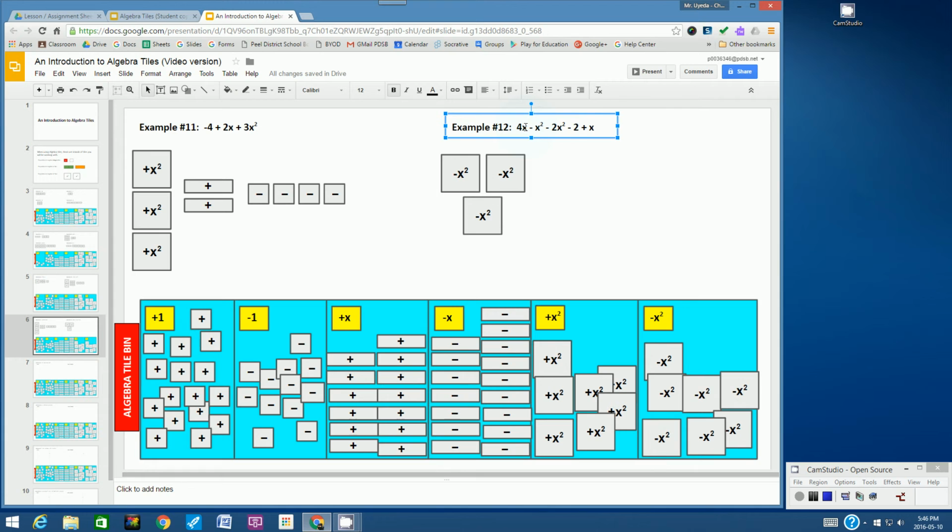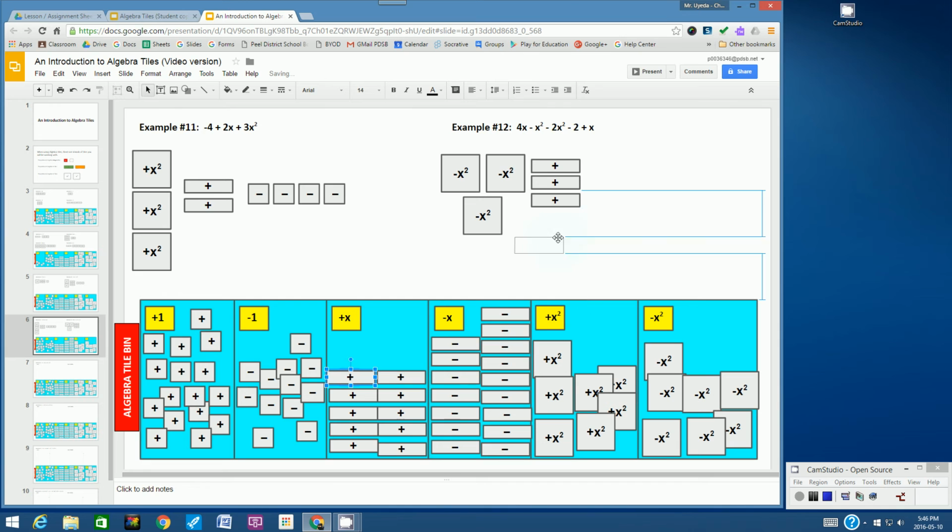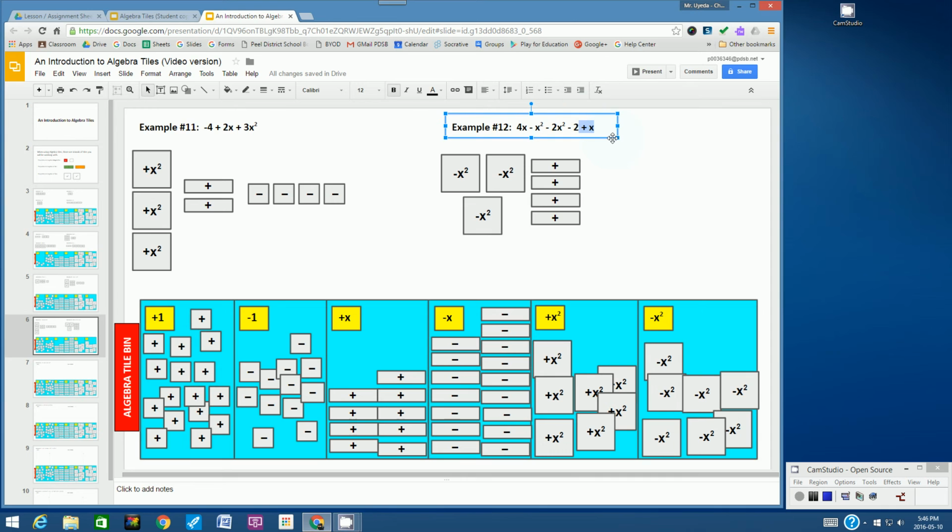All right, let's look for any x values. We have an x value here, and we have an x value at the very end. Let me take care of the 4 x's first. These are positive x's. So let me bring over 4 of them. Okay. Now remember, there's one more positive 1x at the end.